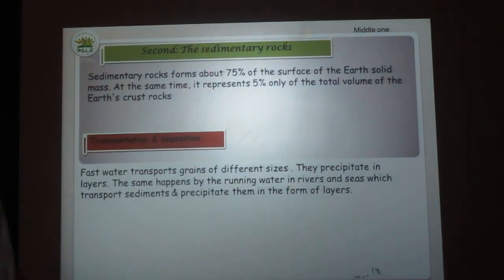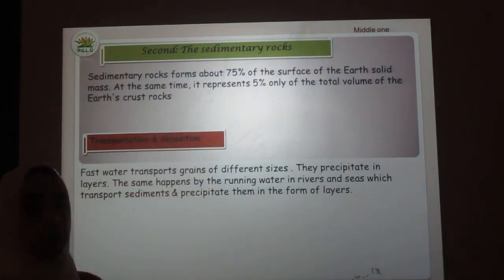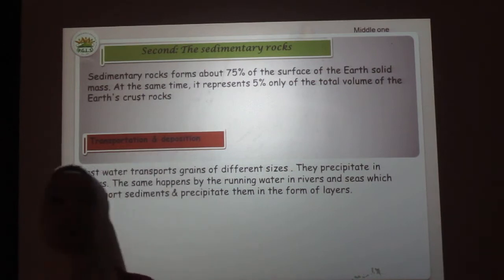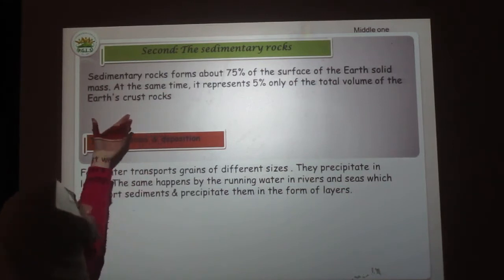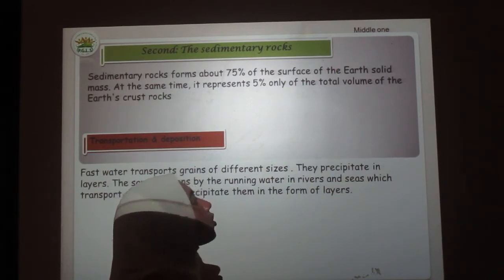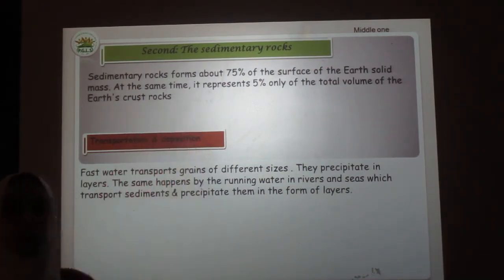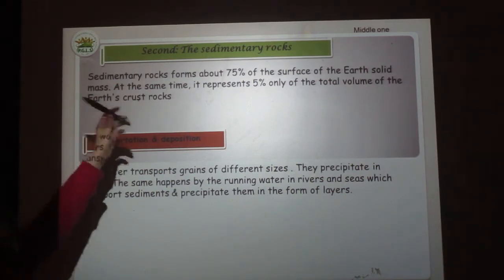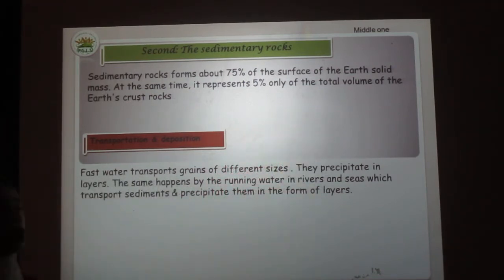The second type of rocks that we have is sedimentary rocks. Sedimentary rocks form about 75% of the Earth's surface rocks. The sedimentary rocks take a ratio of 75% of all the rocks in the Earth. At the same time, they represent only 5% of the total volume of the Earth's crust rocks.